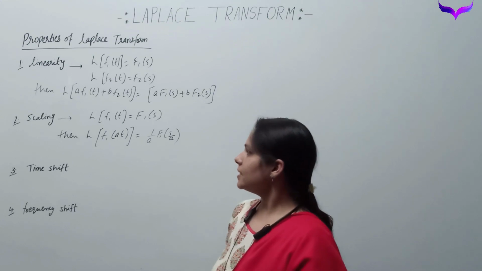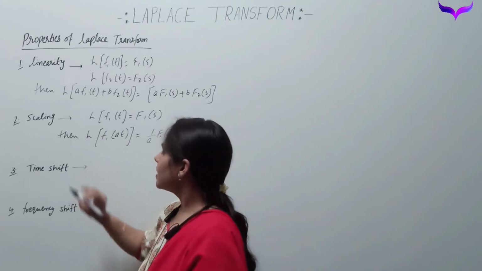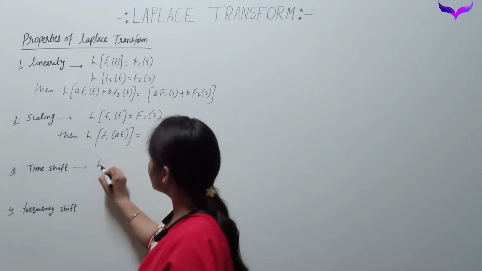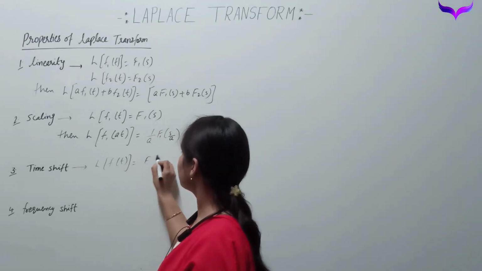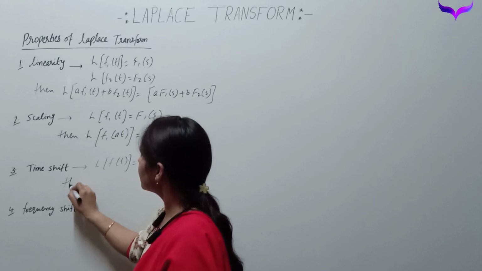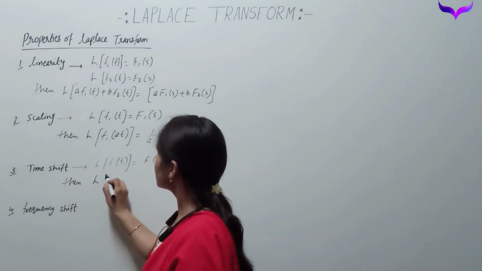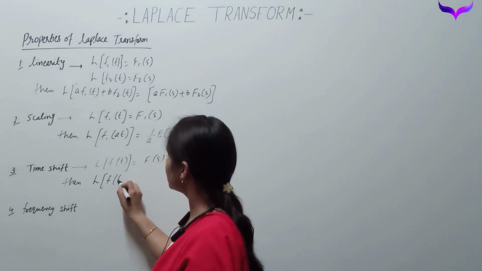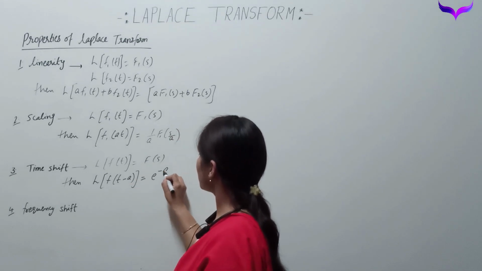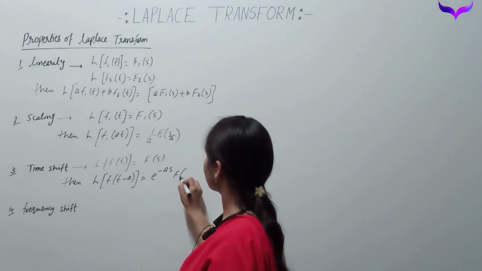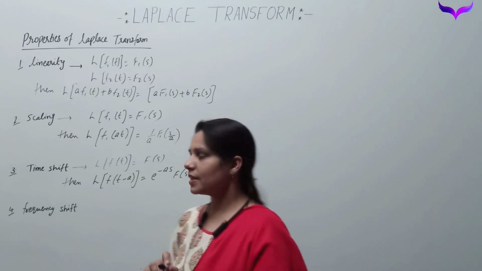Next is time shift. In time shift, if Laplace transform of f(t) is equal to F(s), then Laplace transform of f(t minus a) is equal to e raised to power minus as into F(s).